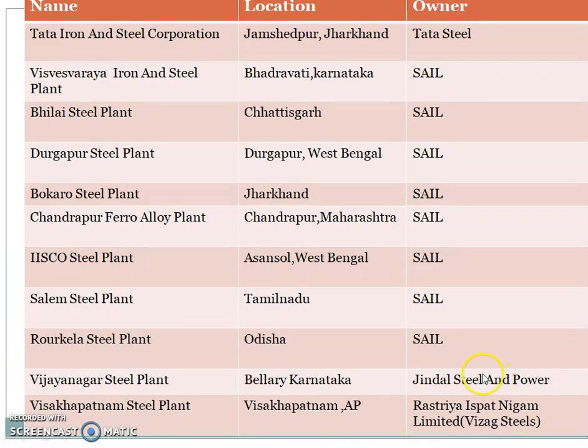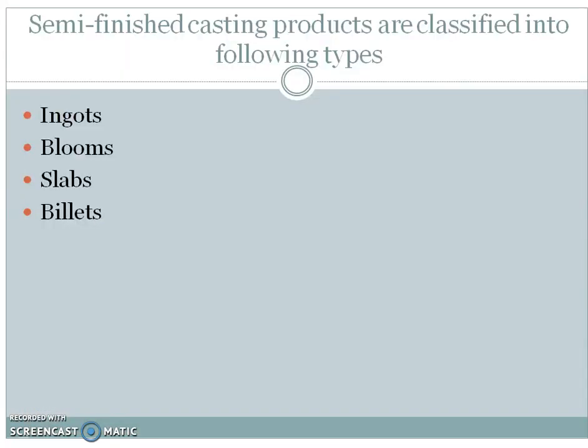And many others; we have plants in different states. Most of them come under SAIL, the Steel Authority of India Limited. These three are private sector. SAIL is a central government company, and the others are private companies.